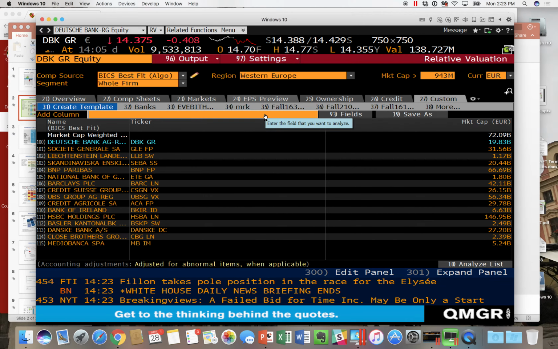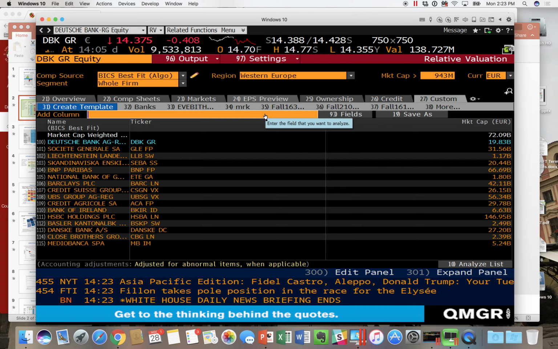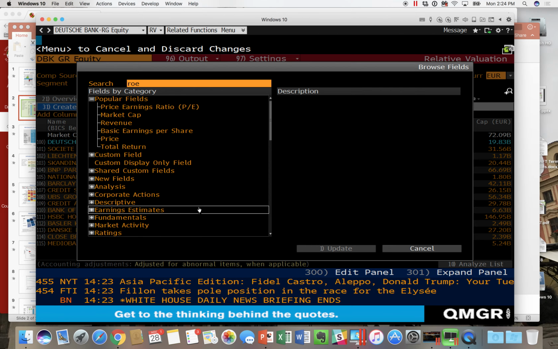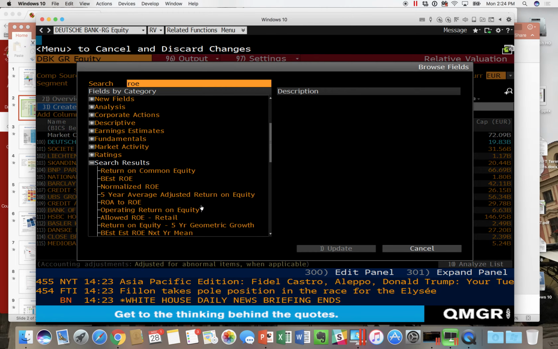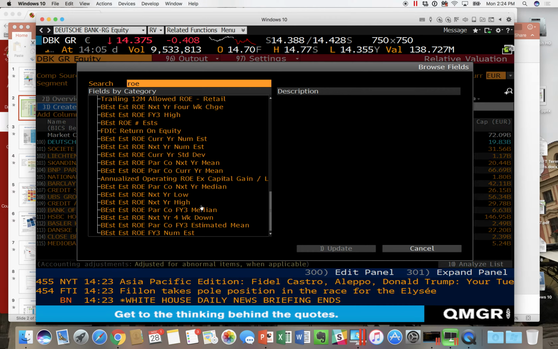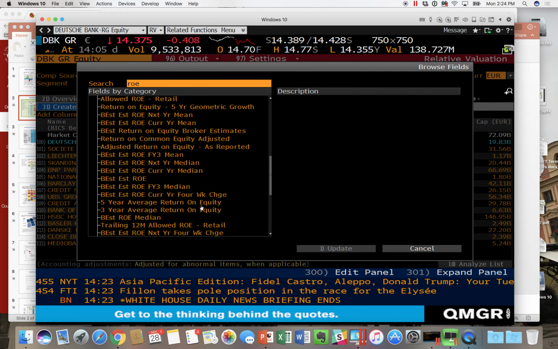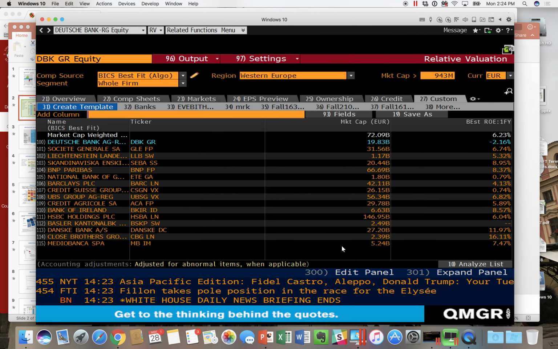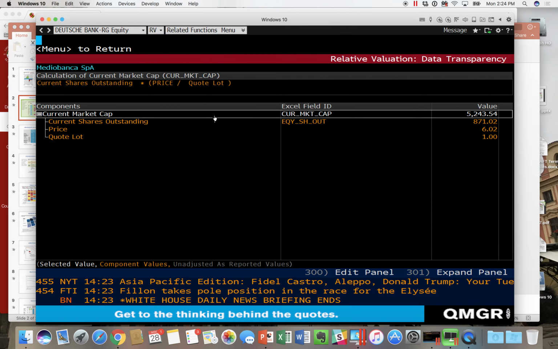As I said, what matters is ROE, so specifically future ROE. So I'm going to type in ROE, and what I want is the best ROE for next year. So I use best ROE for next year and current year, mean. So for 2016, this is the expectation of ROE of those banks.